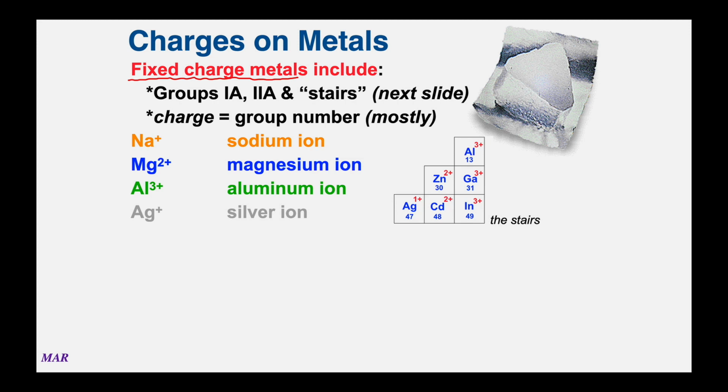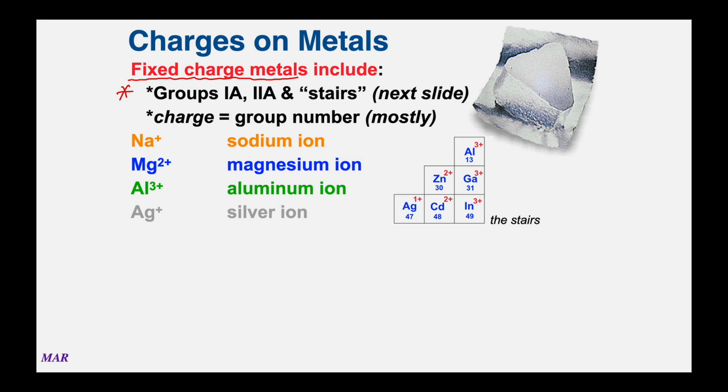And there's basically like 2 sections, all right? The 2 sections with these fixed charge metals are groups 1A and 2A. That's like one big section. And then there's also what I'm going to call the stairs, and I'll talk about that in a little bit. Most of the time, at least for groups 1A and 2A, the charge equals the group number.